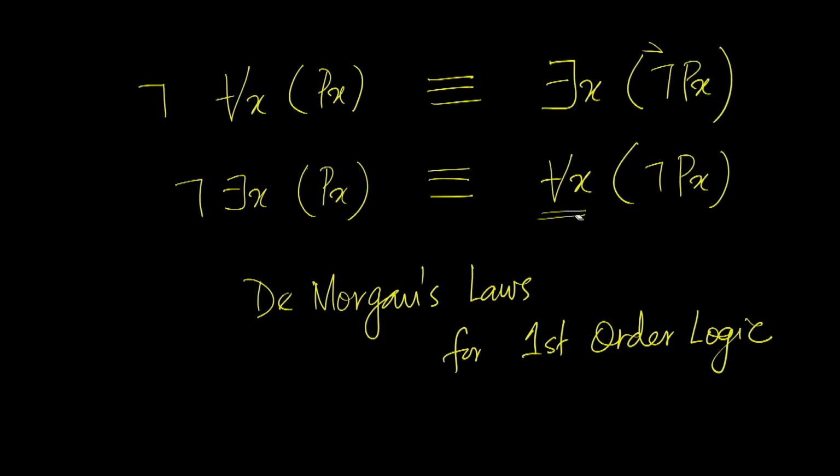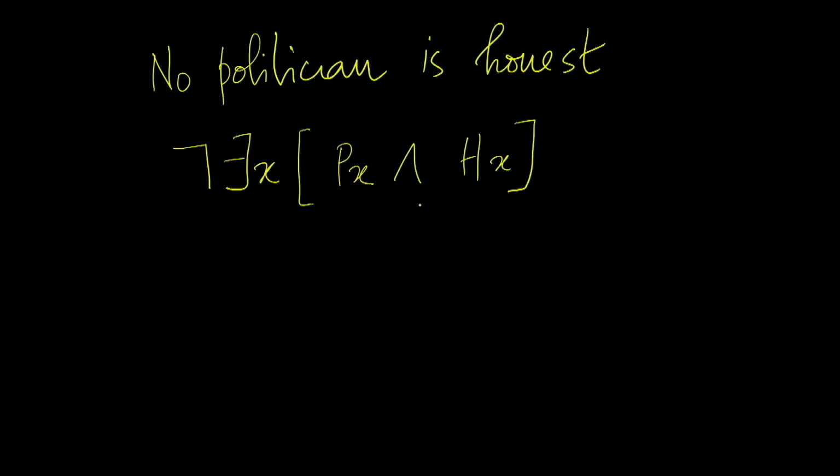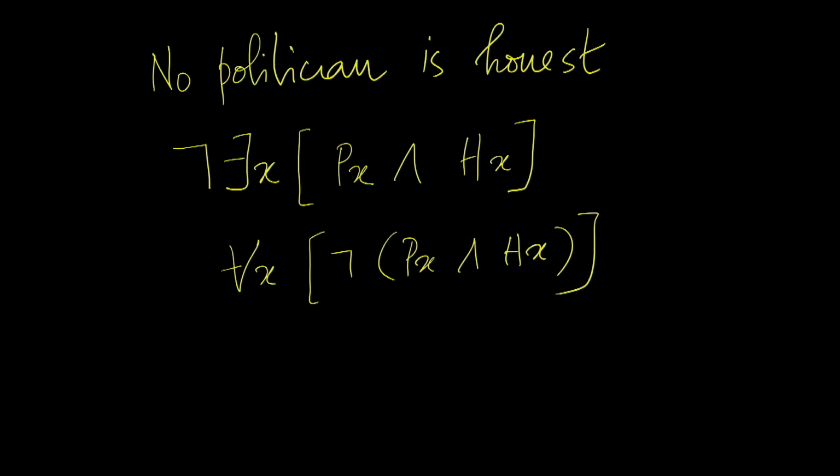So let us use that here and take the negation inside. Then this becomes for all x, and we have the negation of P(x) and H(x). But the negation of P(x) and H(x) can be found using the De Morgan's laws of first order logic.